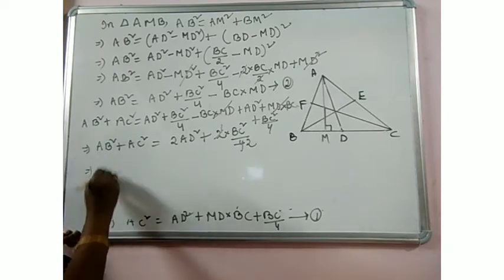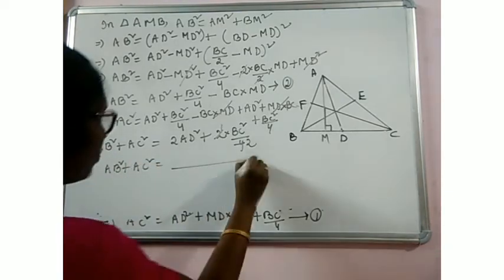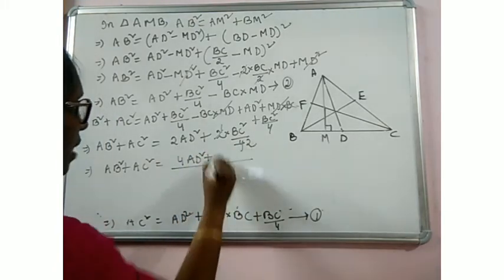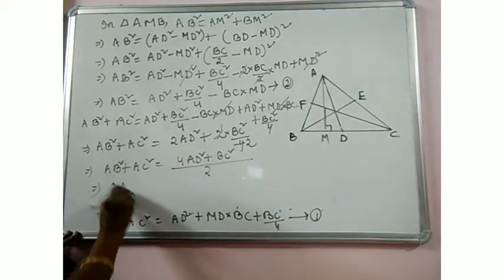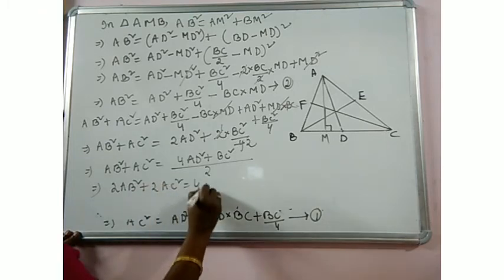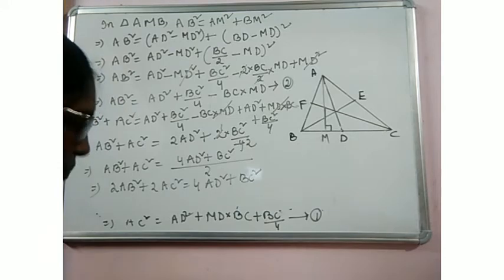Now let us simplify this. So AB square plus AC square equal to, LCM is 2, we get 4AD square plus BC square. Let me cross multiply. We get 2AB square plus 2AC square is equal to 4AD square plus BC square.